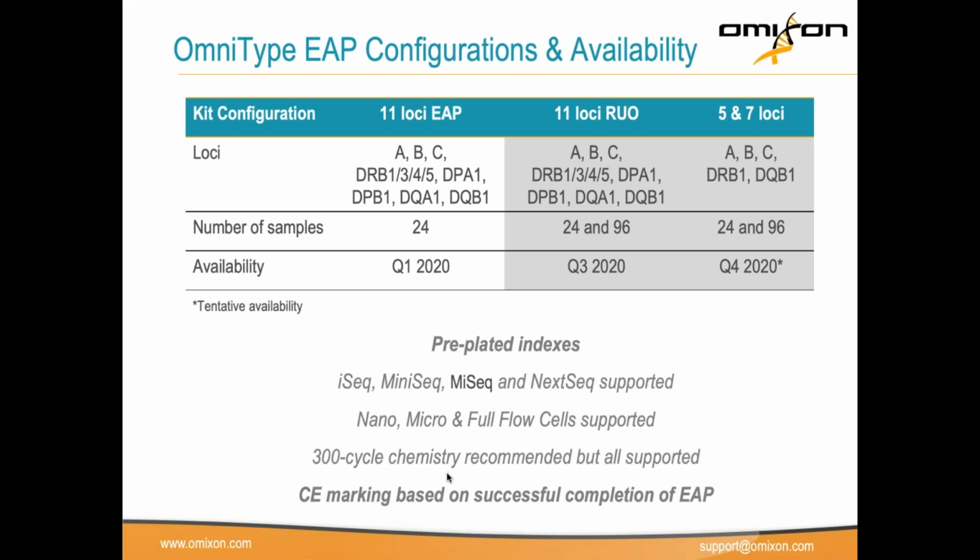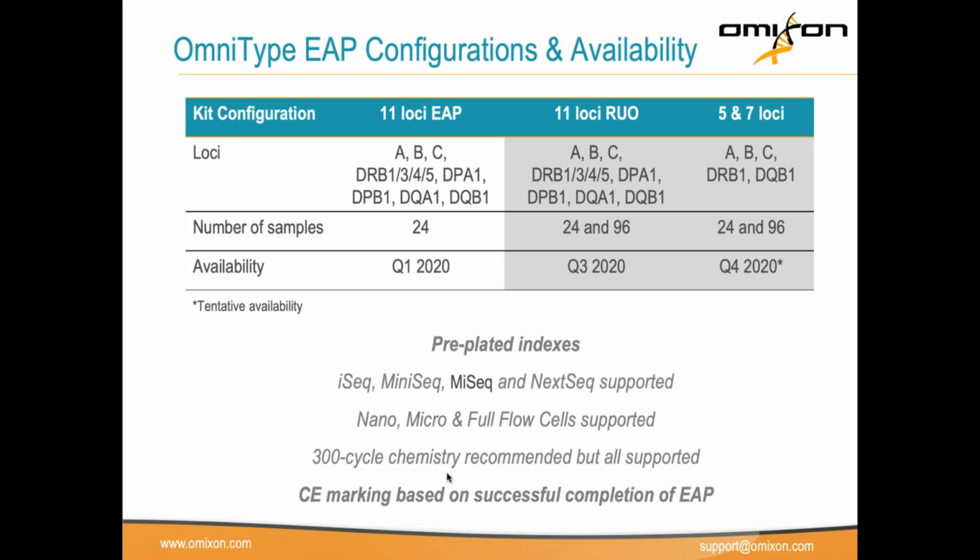So it is very important to get feedback from you and your individual territories on what their needs are and what would work and make you successful there. For the RUO products, we do anticipate that we will have pre-plated indices and support on various Illumina instruments, HiSeq, MiniSeq, MiSeq, and so on.